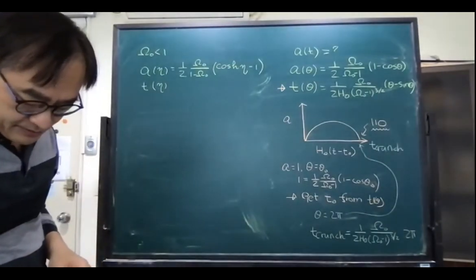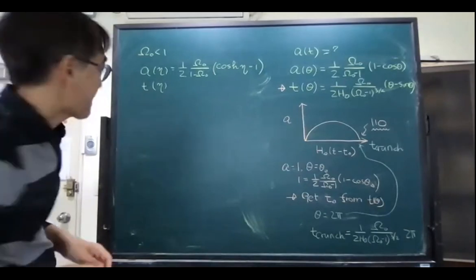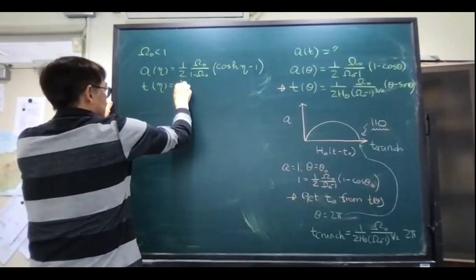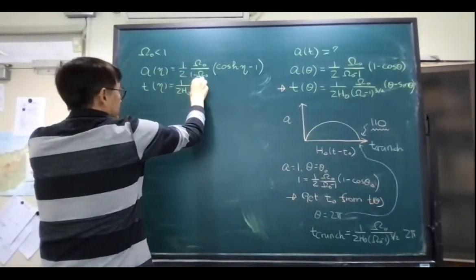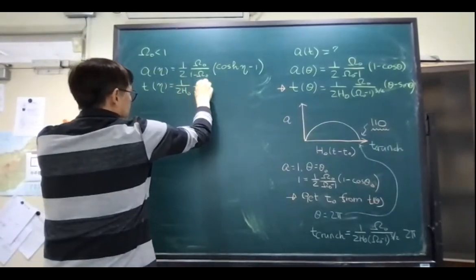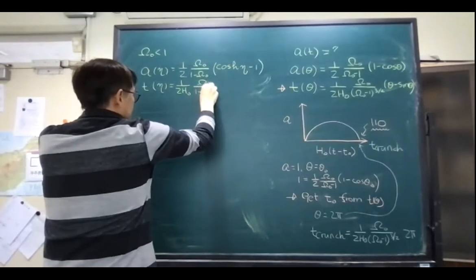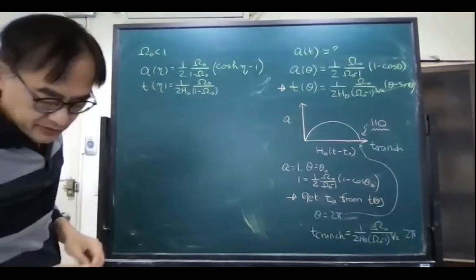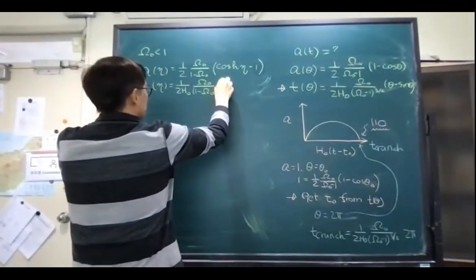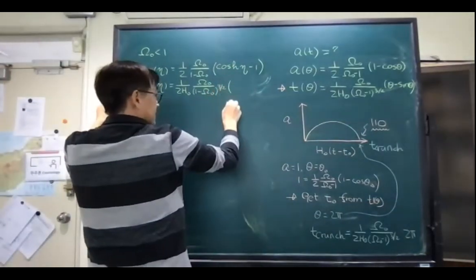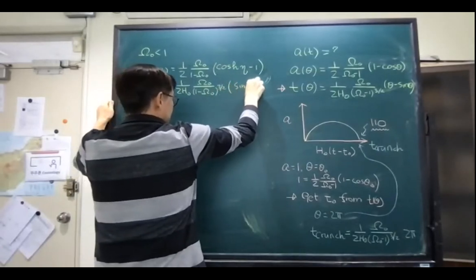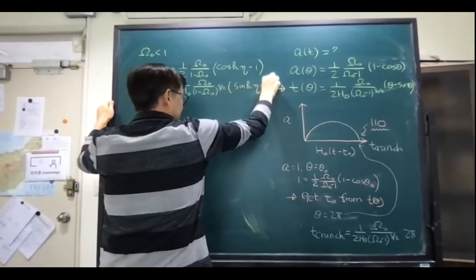In the case of time, 2h0 omega 0 1 minus omega 0, I suppose power of 3/2. Instead of sine, I have hyperbolic sine. Sine hyperbolic eta minus eta.